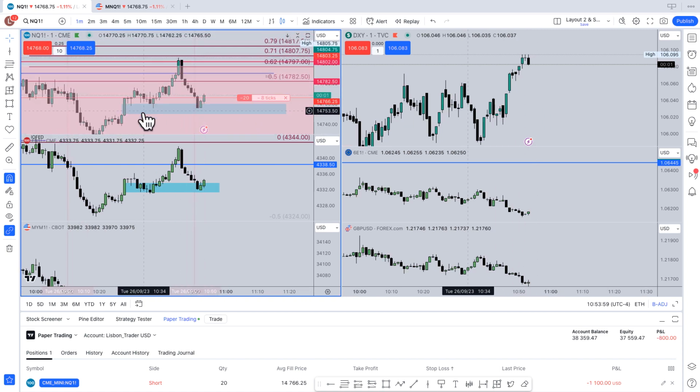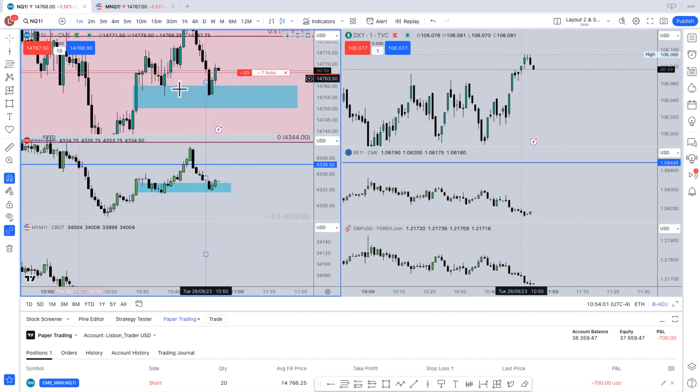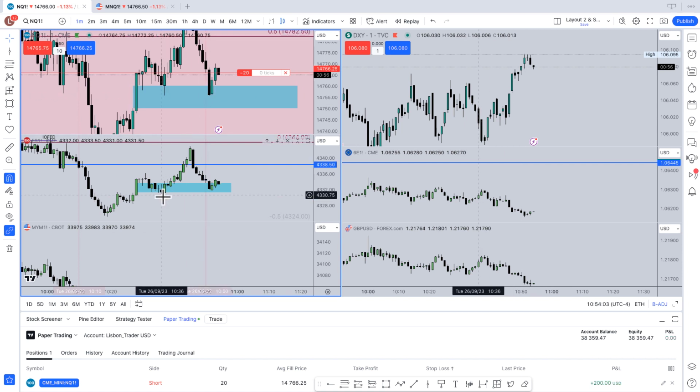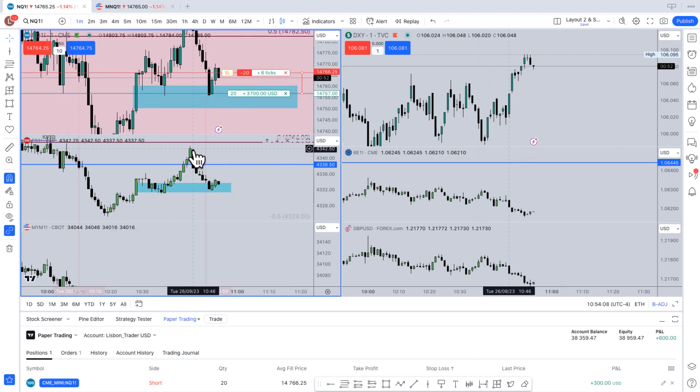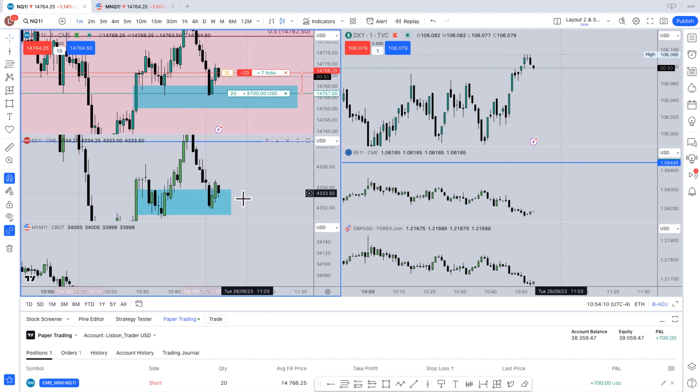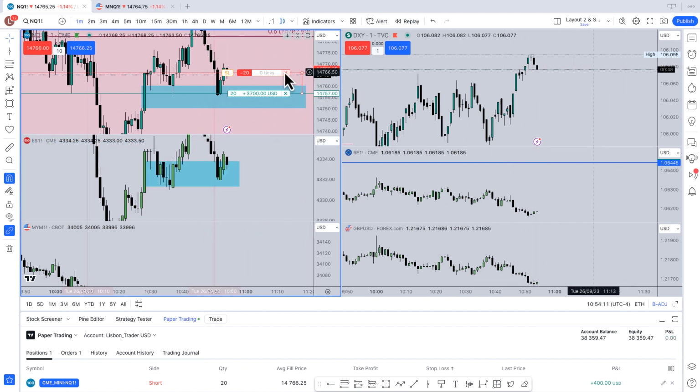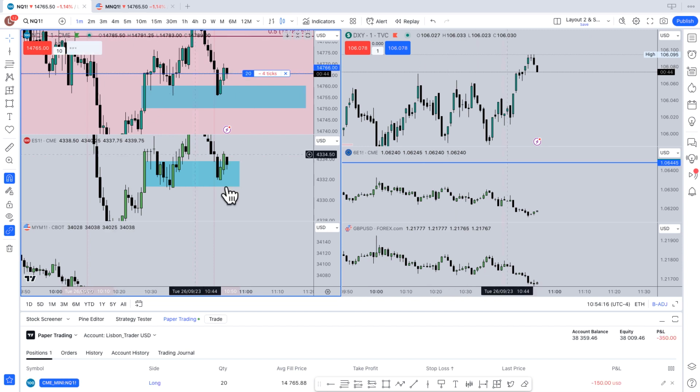So we have, okay, this is SMT divergence. On Nasdaq, let's see if it is confirming by ES. Now it seems to want to go higher.